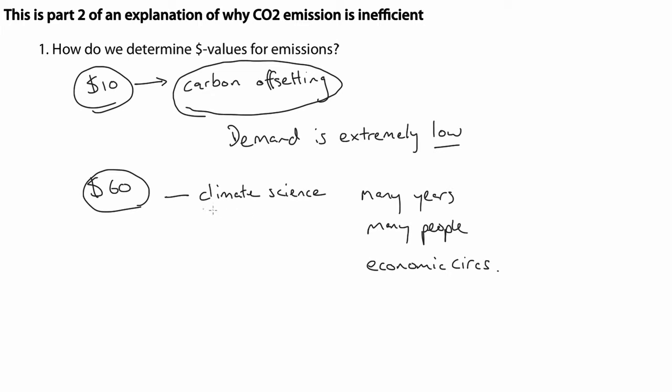So this requires not merely climate science, but also economics. Arguably, it also draws upon political questions, because people worry about migration and conflict occurring as a result of climate change. So this is really just a bit of a guess, a bit of a ballpark figure.